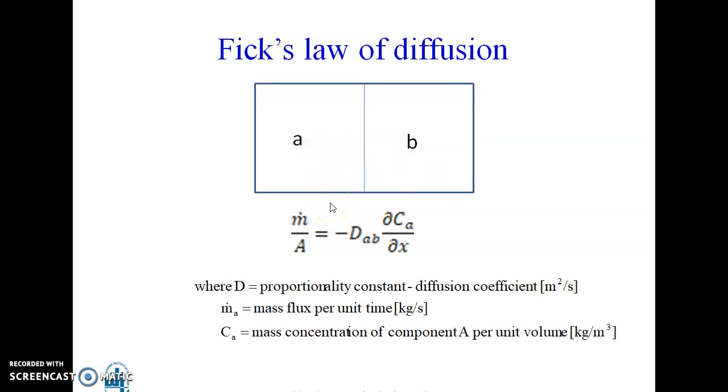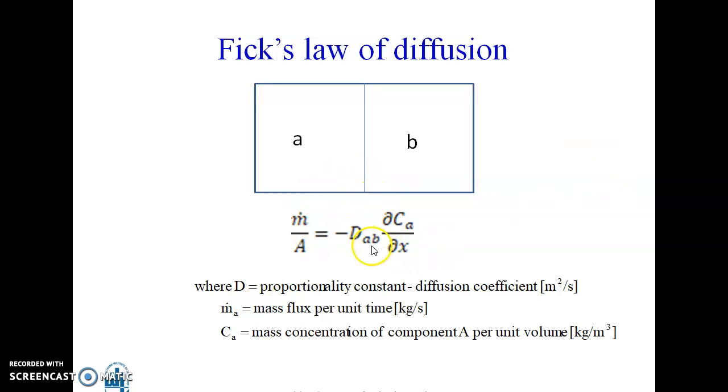So what does Fick's law state? It states that the mass flux, meaning kilogram of that particular gas per unit area, is proportional to the concentration difference. Like conductivity K is used in Fourier's law of conduction, here we are going to use DAB.